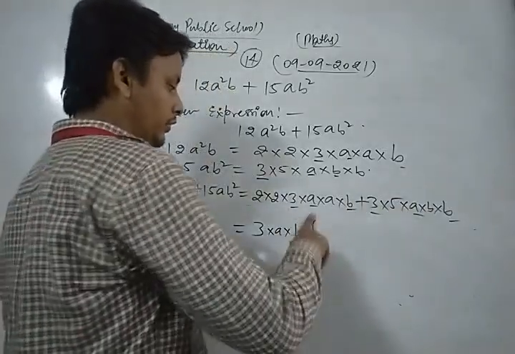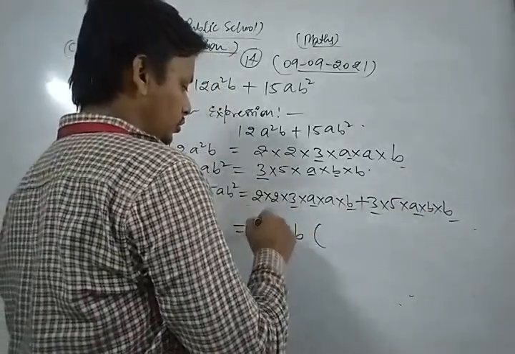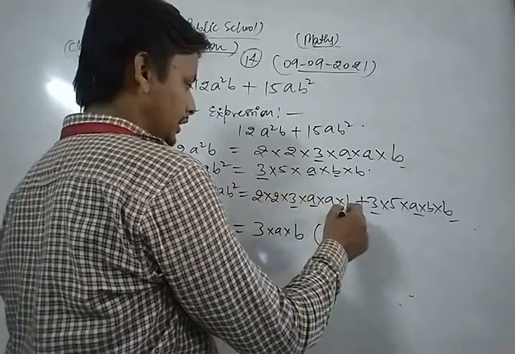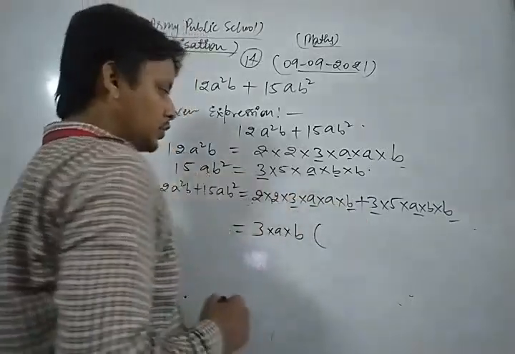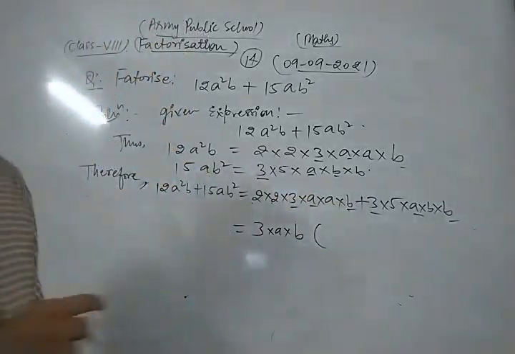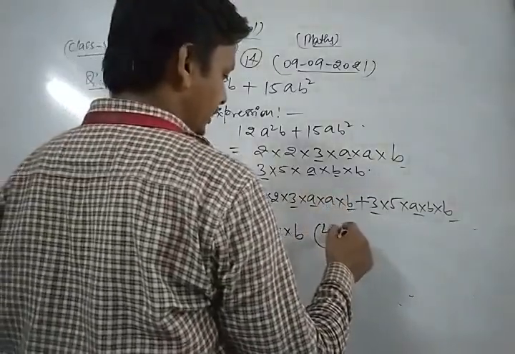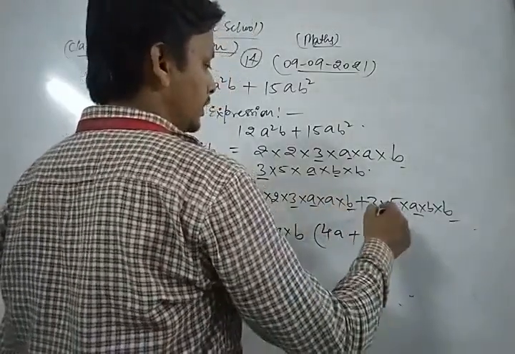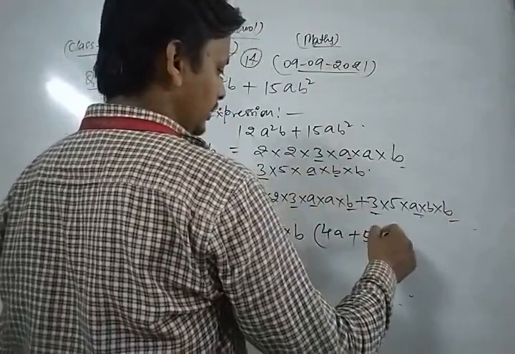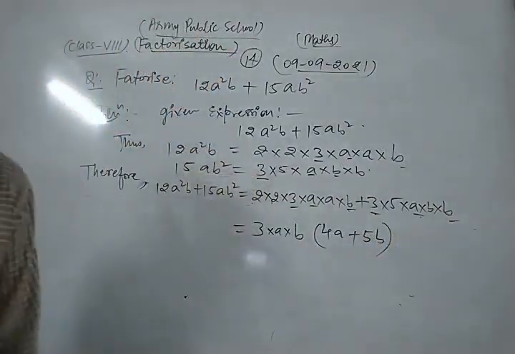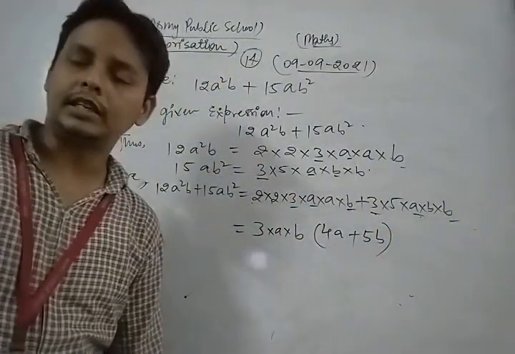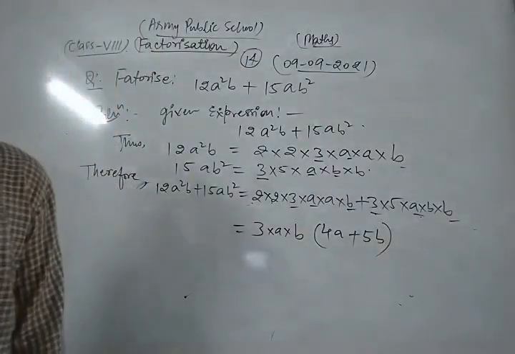Now what is left in the first term? So 3ab is taken out, so 2 into 2 means 2 twos are 4, into a is left in the first term, plus in the second term 5b is left. So this is the required factor form.